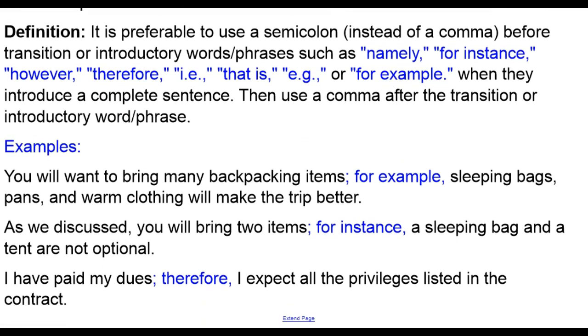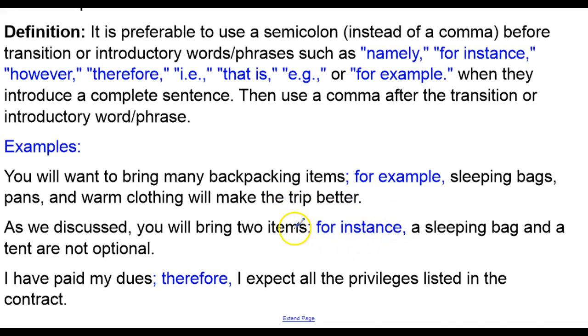And the next one says, as we discussed, you will bring 2 items. That's a complete sentence. A sleeping bag and a tent are not optional. That's a complete sentence. So because, again, you have a complete sentence on both sides, you definitely surround in commas at the very least.